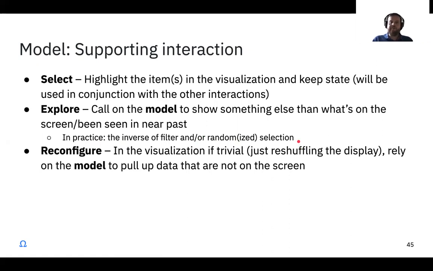Because if you're filtering, say you have data about trades across the Netherlands, and you search that you want data for Breda, then the inverse is not Breda, which is most of the data, right? Probably. So there you might need to do the not Breda filter, and then do some randomized selection, possibly, to show something else that is digestible, that is not cluttered on the screen. So that's why we have a combination of the two.